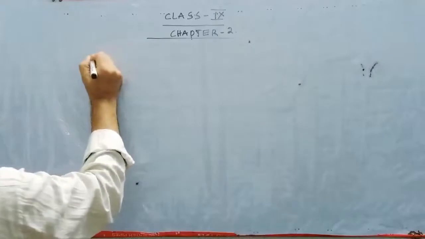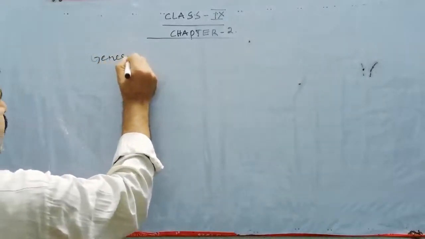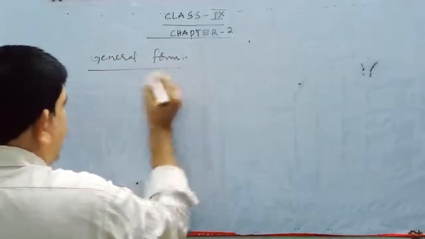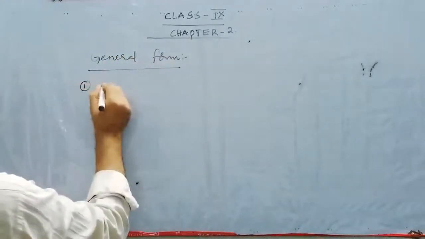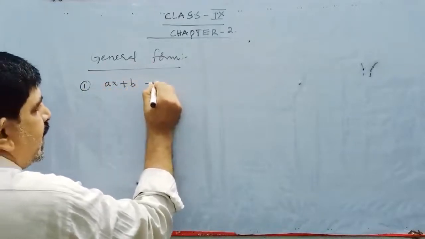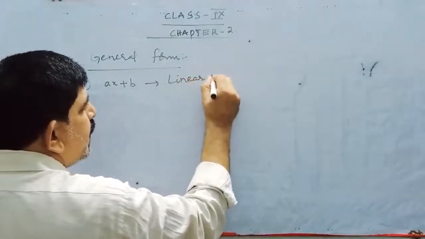Next, general forms. First one, ax plus b is a linear polynomial.